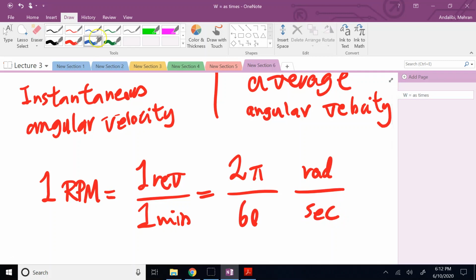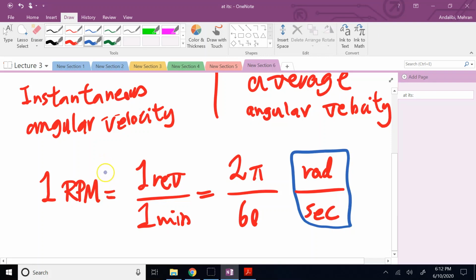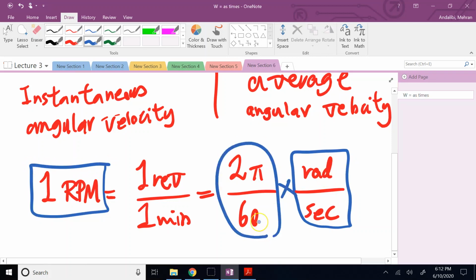So if I want to convert the standard unit, radian per second, to the unit that is used a lot, RPM, all I need is to multiply radian over second by 2 pi over 60.